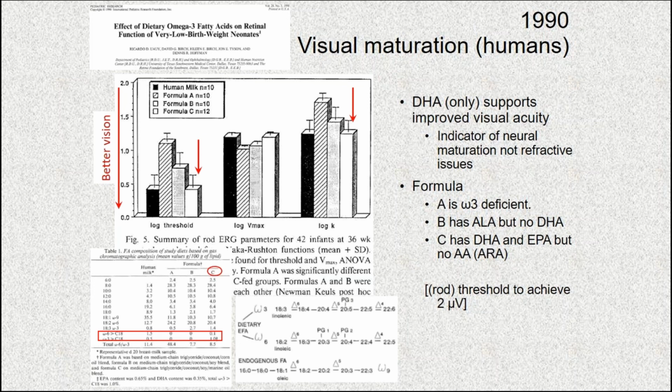supports visual acuity. One of the things I haven't said to this point is that in omega-3 deficiency, and there are omega-3 deficient kids here, but in omega-3 deficiency in animals, we have many, many studies which show that animals grow just fine on an omega-3 deficient diet.